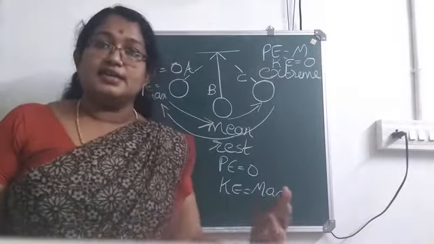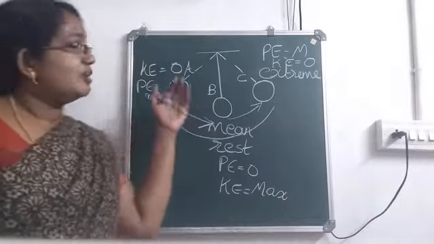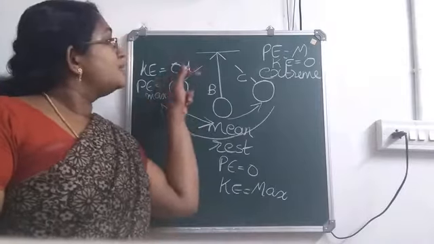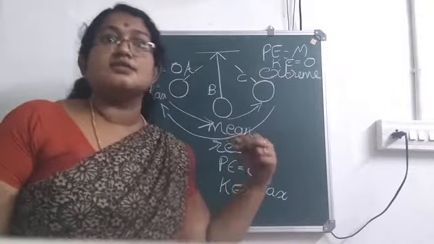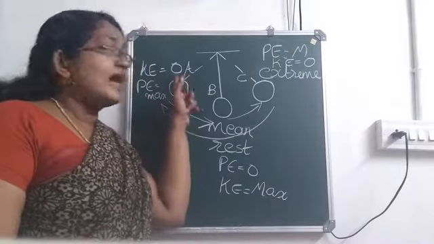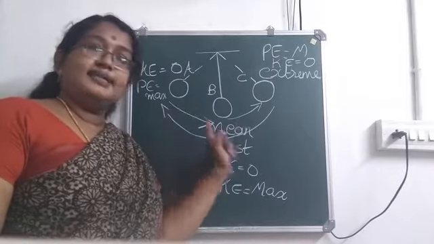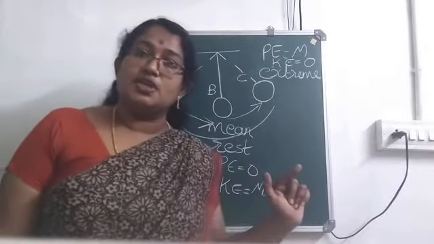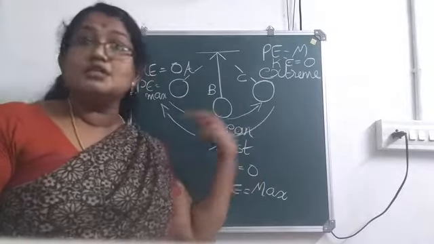Once again, at first we are considering a point A, the extreme point. When the bob is here, kinetic energy will be 0 because it is not moving. Potential energy is maximum because height is more. When it comes to B, height decreases, so potential energy decreases, whereas kinetic energy increases because the bob is moving.